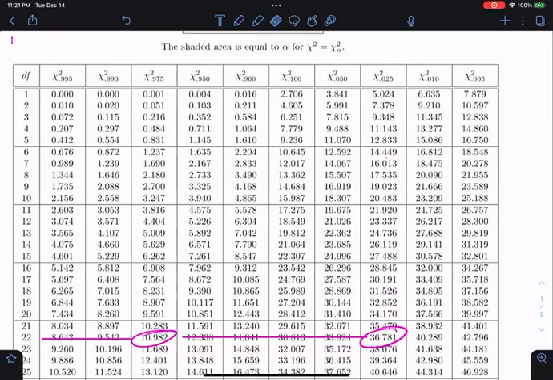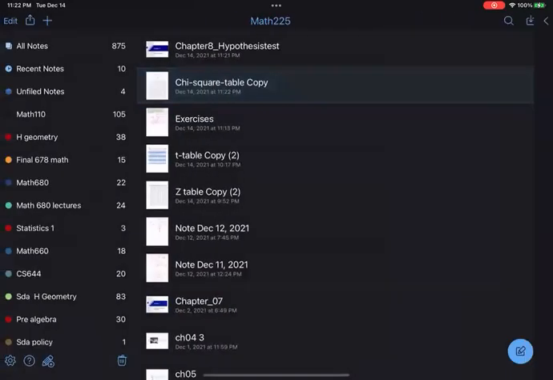And to the left, it's just 1 minus this value, 0.025. And you get 0.975. And that's this value here. And you do degrees of freedom, 22. So that's 10.98. That's how you do that. Okay.